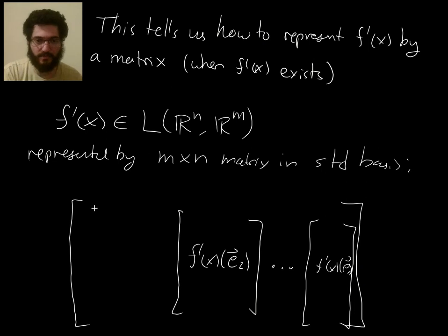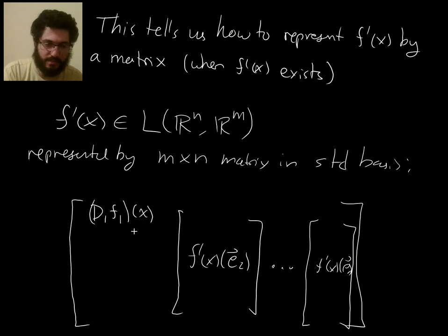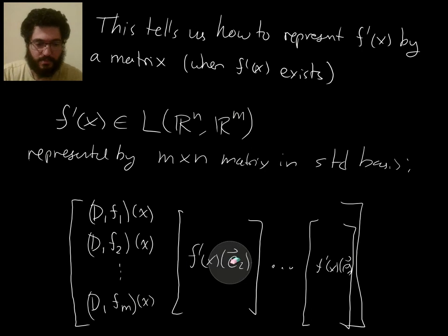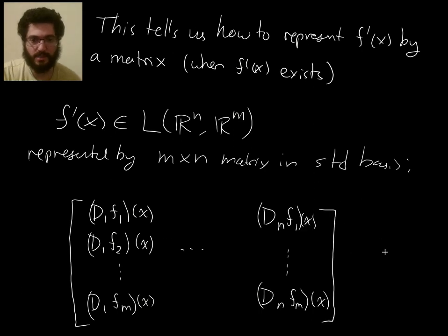We have found in the previous theorem that this would be D1 f1 of x, then D1 f2 of x, and so on, up to D1 fm of x. So hopefully you're seeing why it's an m by n matrix.